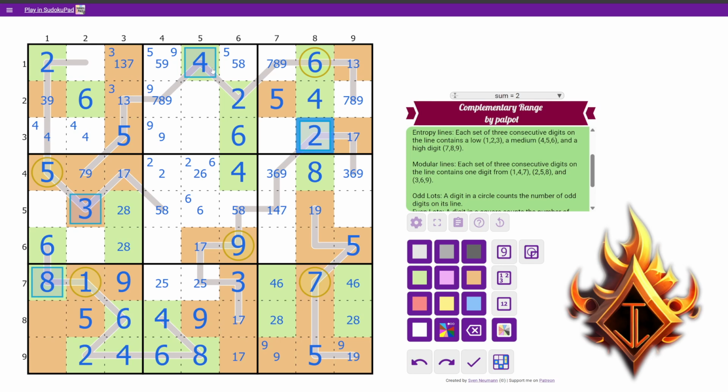Needing one more even. So an 8 belongs on this line somewhere. An 8 is in the middle here now. This, seeing 1, 2, 3, can be 4, 7, and that's it.